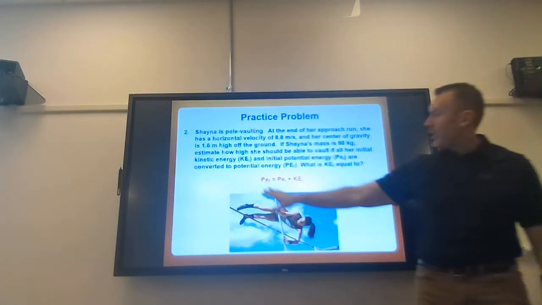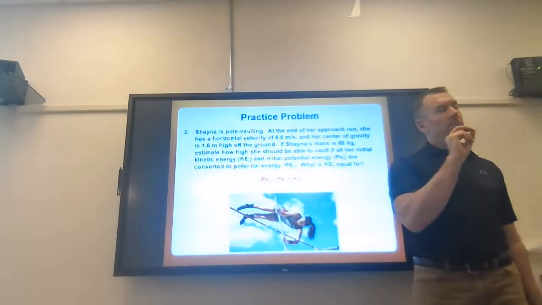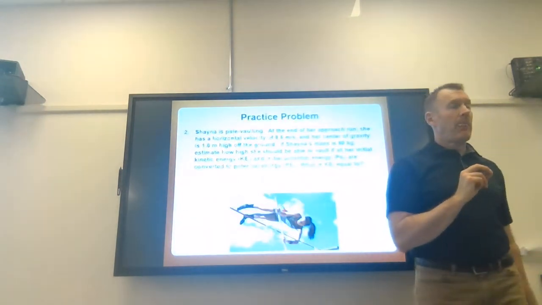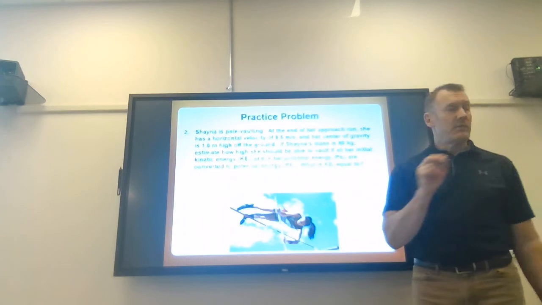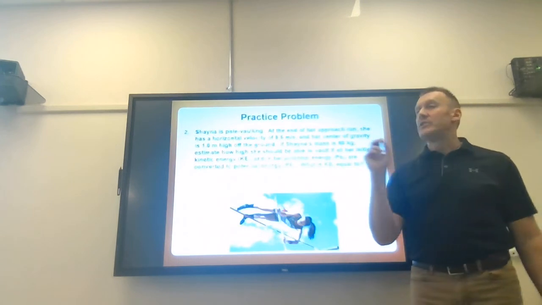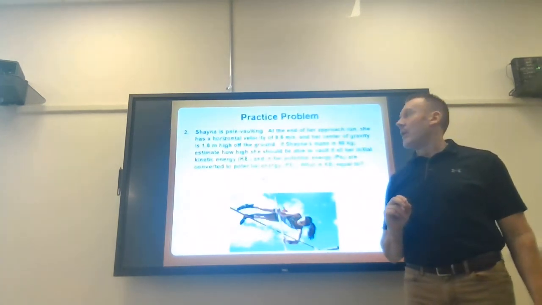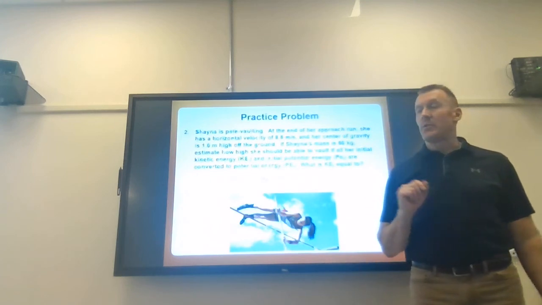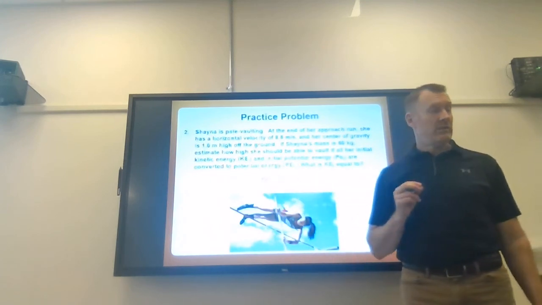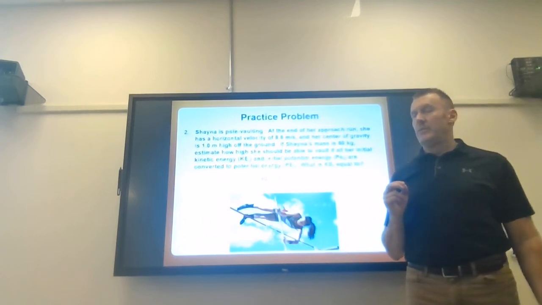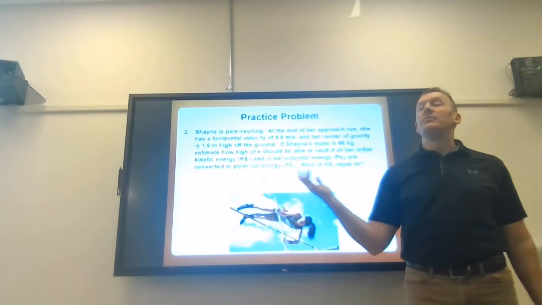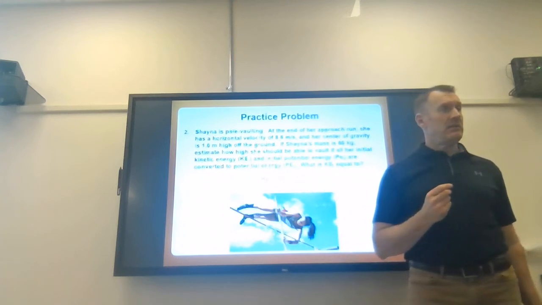So on one side of the equation, I want you to write mass, 60 kilograms, times 9.81 meters per second squared, times h. That's what we're solving for, the final height. So that h on this side is ultimately what we're trying to get.